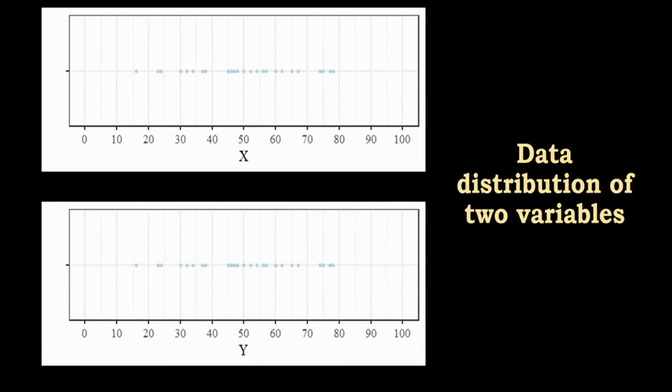For example, x could be the height of children and y the height of parents. Or two related samples could be the same sample of people.